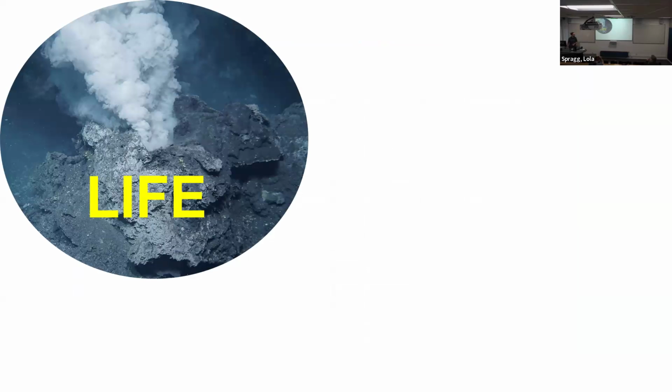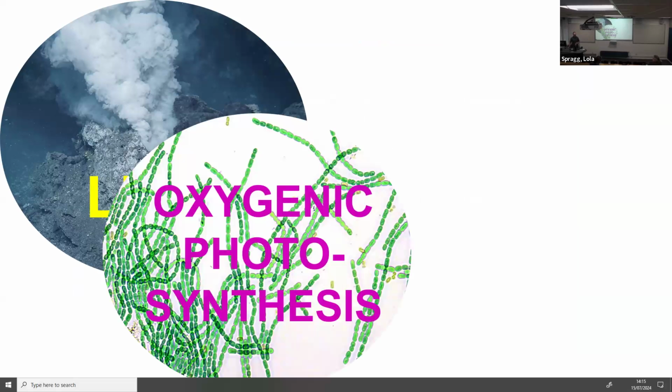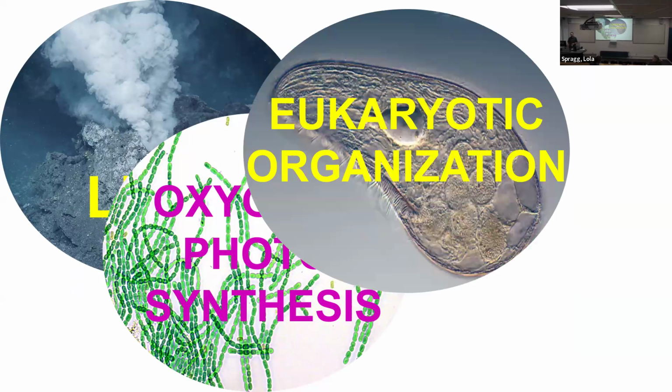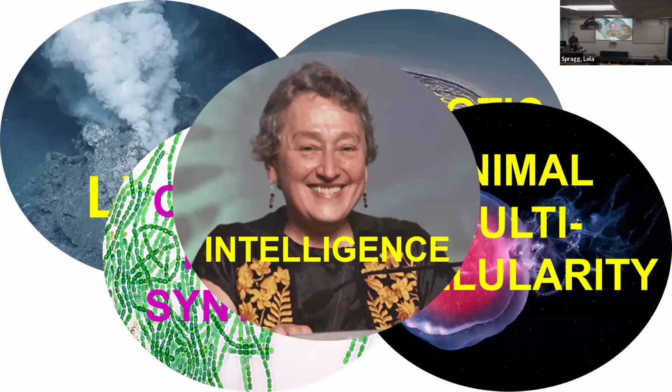So life is universal. The origin of life, abiogenesis, is universally posited as a hard step candidate. The origin of oxygenic photosynthesis, the kind of photosynthesis that releases O2 as a waste product. The eukaryotic cell, animal multicellularity, and then last is variably anything from intelligence to Homo sapiens to the origin of technological society.